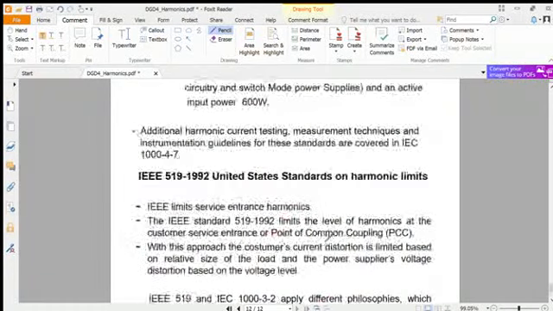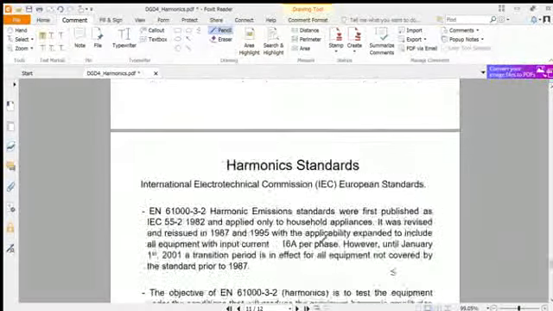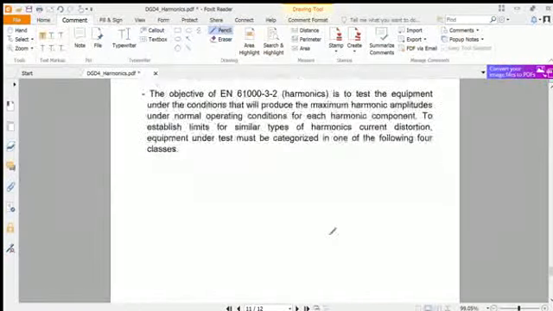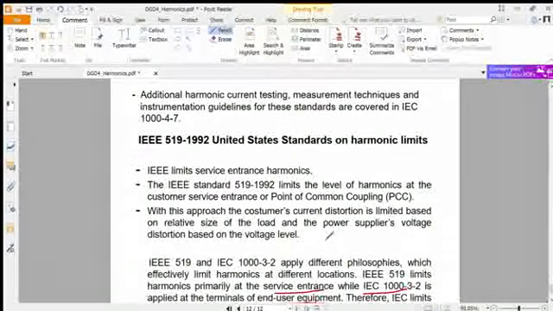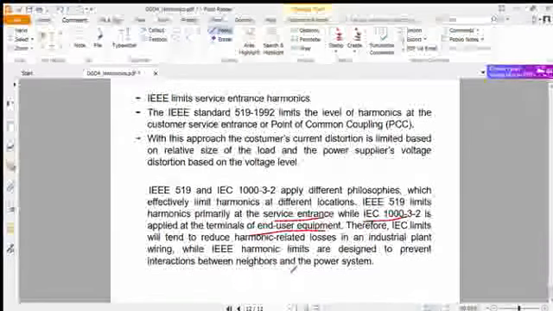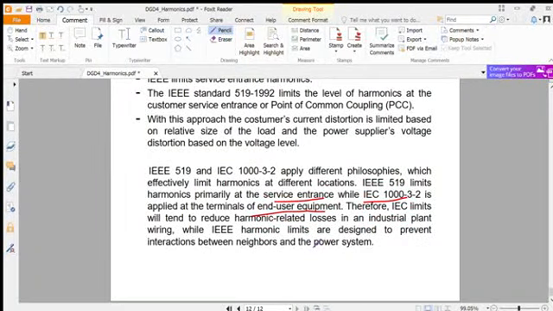Here I present it for the load side. The IEEE standard is a North American standard and is typically applied at the source side, the generation side. There is a pre-compensation and a post-compensation, and both can be integrated in a system to compensate the harmonics.